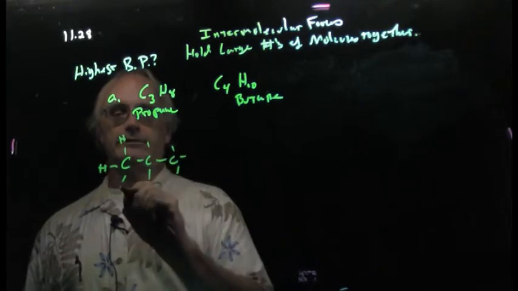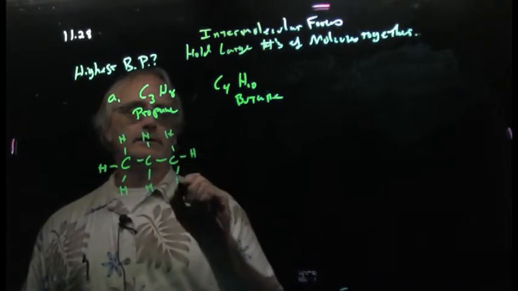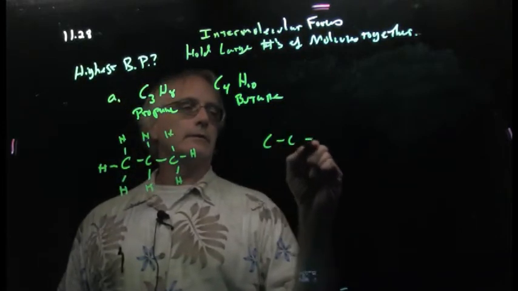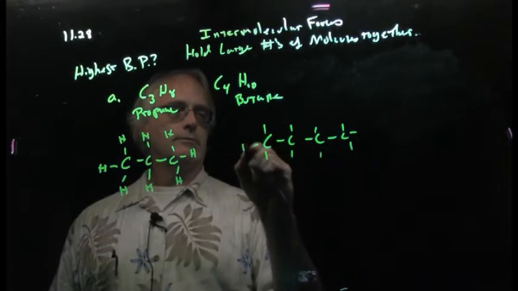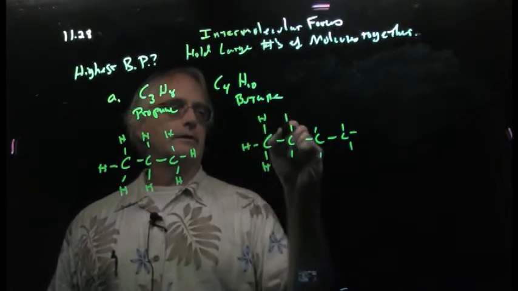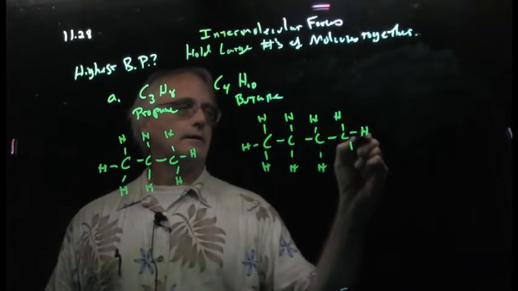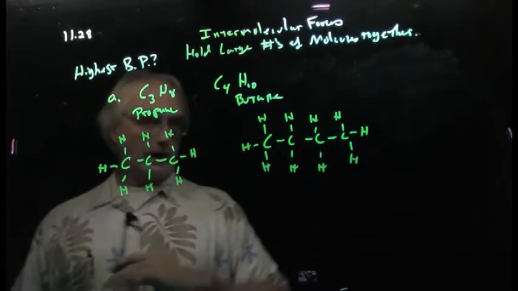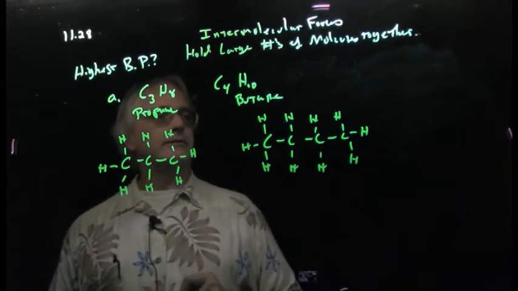Putting hydrogens at each of these positions is a bit tedious, but we'll do it anyway. Carbon, carbon, carbon, carbon, put a hydrogen in each position. Okay, there are the Lewis structures, each of the carbons tetrahedral. Lovely little Lewis structures here.